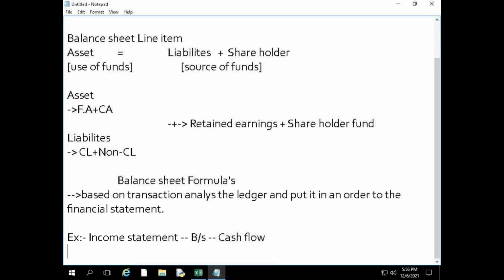Here, the profit from the income statement we will take to the balance sheet as retained earnings.